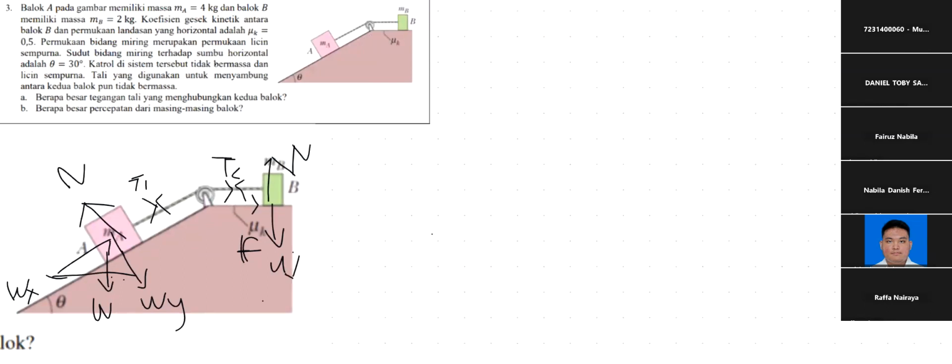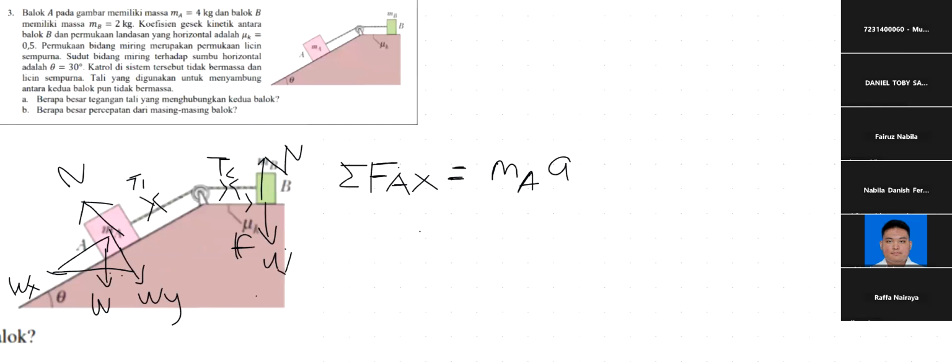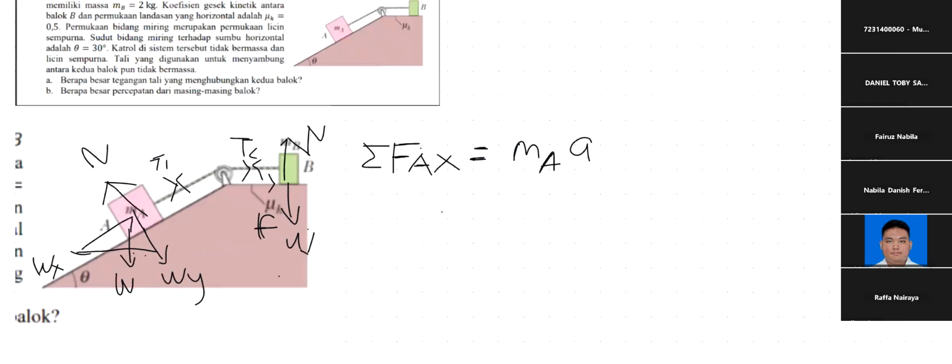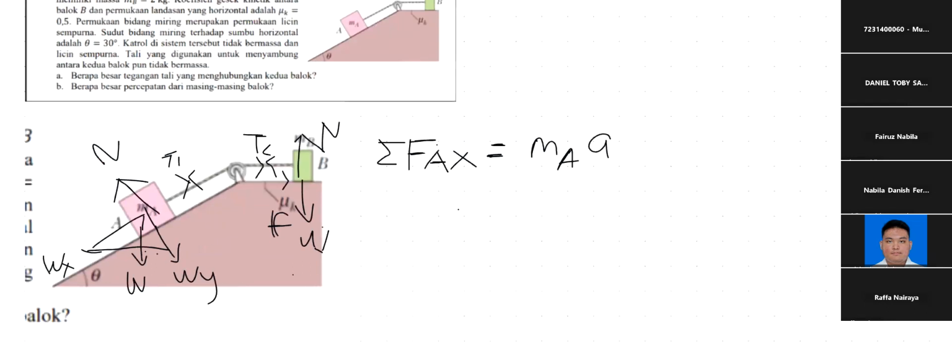Okay, so let's take a look at system A. Sorry, it's mA. Now, if we take a look at the x-axis, keep in mind the negative sign is up to you.